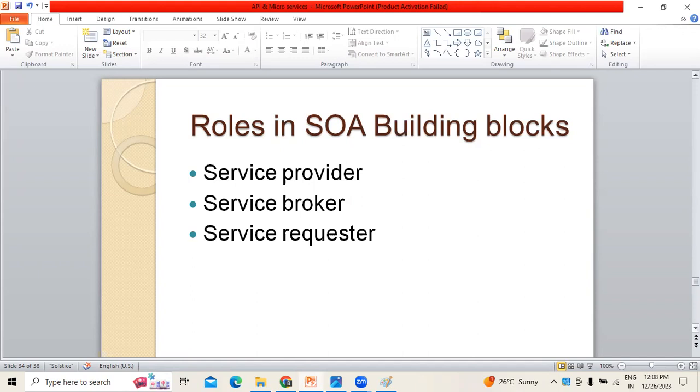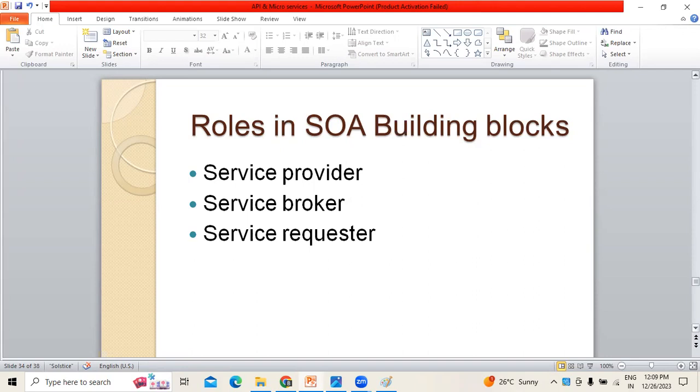But sometimes it may not access multiple services, hence it depends on the capability of the service requester.